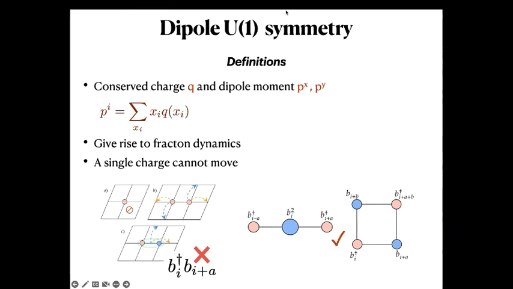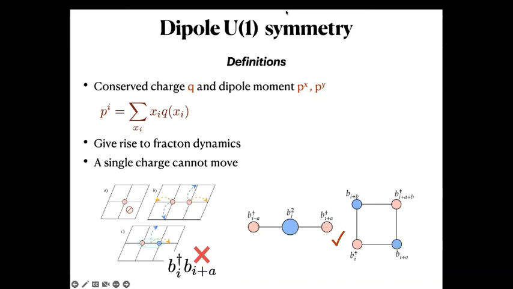So imagine a system where we need both charge and dipole moment to be conserved. We cannot create a single boson and let it move in any direction. No matter how you move it, it would change the dipole moment in a certain direction. Instead, we need a charge and an anti-charge forming a pair, like a dipole moment, where we have a charged particle and an anti-charged particle.